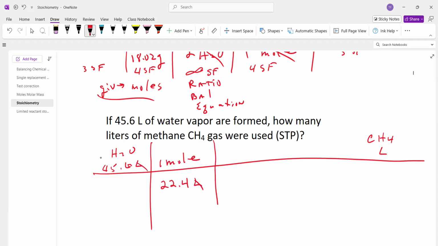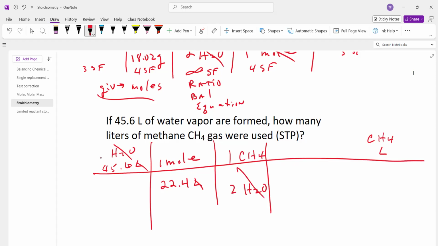So liters cancel, and now we're at moles of water. Now from the balanced equation, we want water and methane again, and the coefficients are 1 to 2. Okay, now we're at moles of methane.